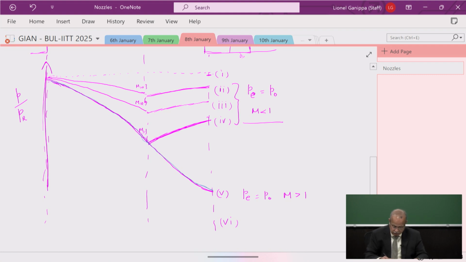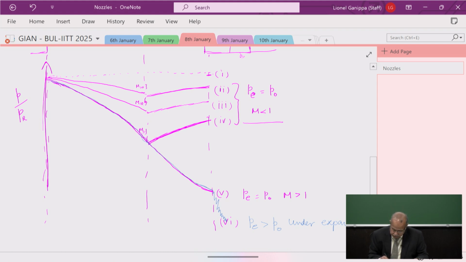Then it comes to the point of the exit and realizes that the pressure is not 5, it is 6. So the flow expands through a Prandtl-Meyer expansion fan to reach the pressure. So here you see the exit pressure is greater than P naught, which means it is underexpanded.